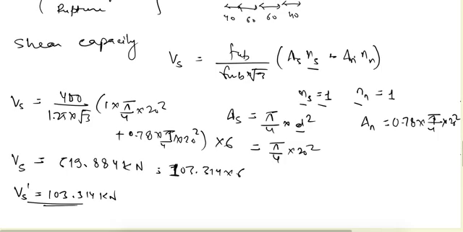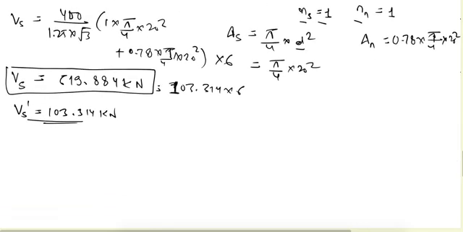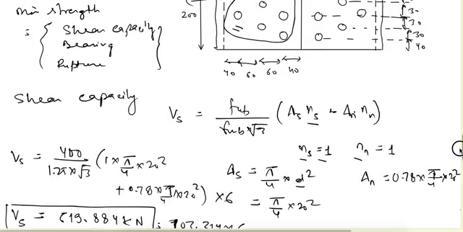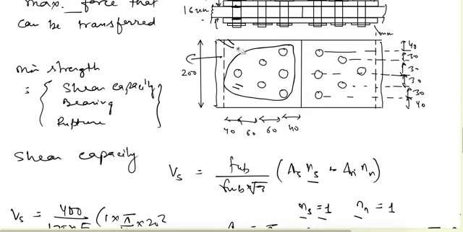So that way we find out the shear capacity of the bolt. Now let's move to the bearing capacity or bearing strength. So the formula we have is Vb is equal to 2.5 kb d t fu divided by gamma mb. Now we have to find out this kb, but because this is a staggered joint or a zigzag joint, depending upon that the end distance is different for these bolts.